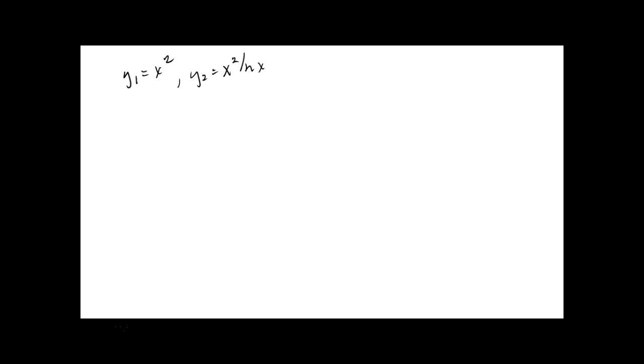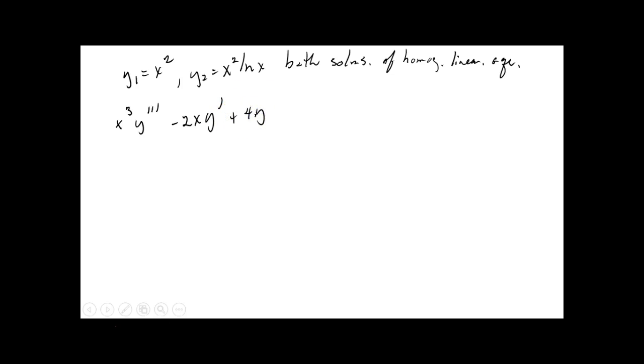These are both solutions of a homogeneous linear equation: x cubed y triple prime minus 2x y prime plus 4y is equal to 0.